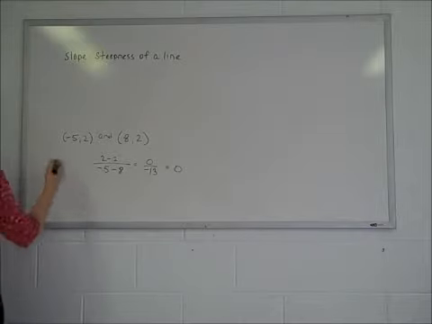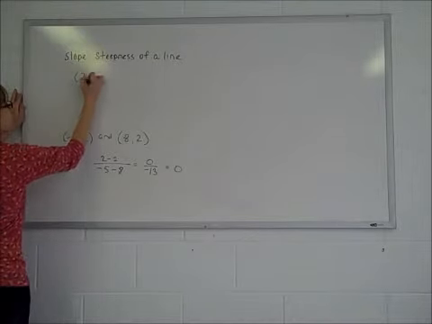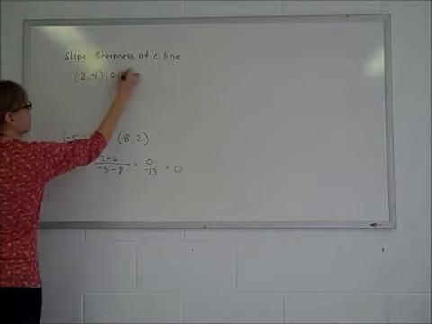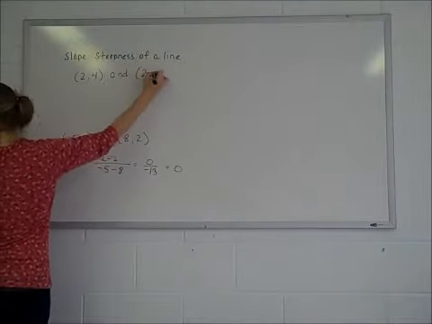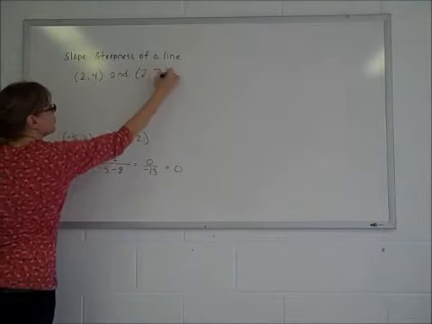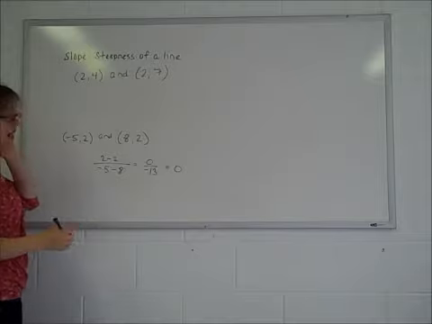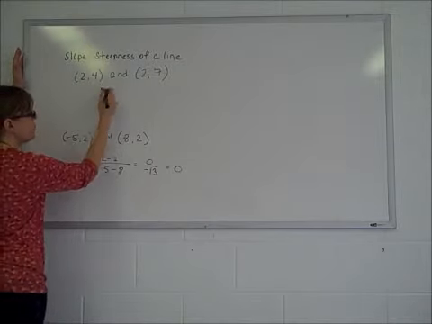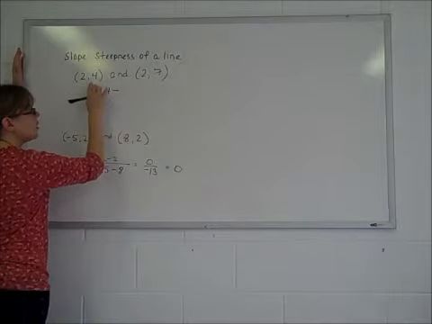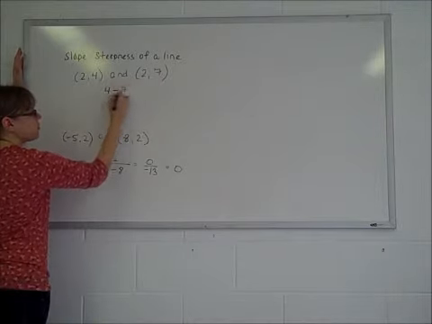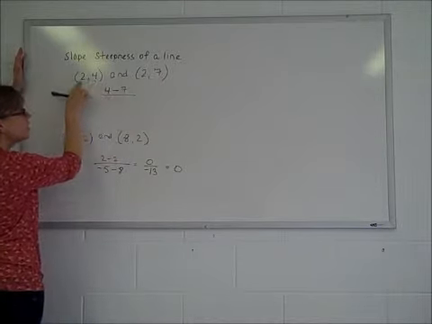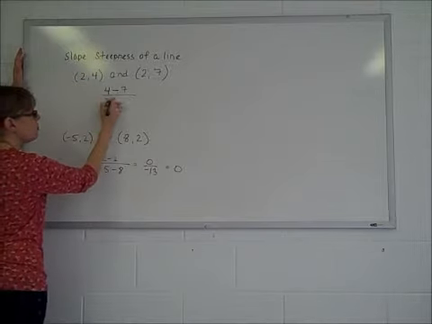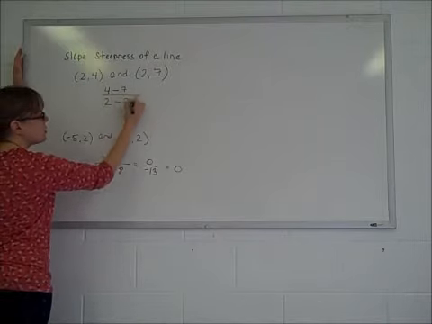Here's another one. So, starting with my y value, I'll start with the 4. Minus 7. Because I started with 4, I need to start with this x value of 2. Minus 2.